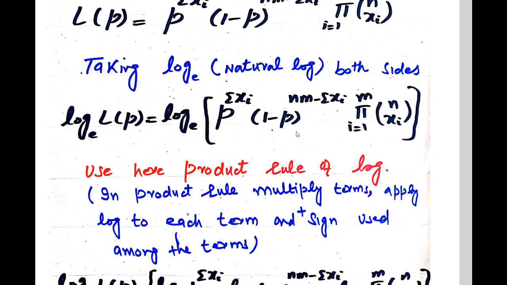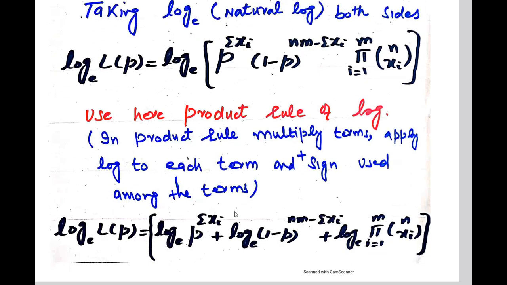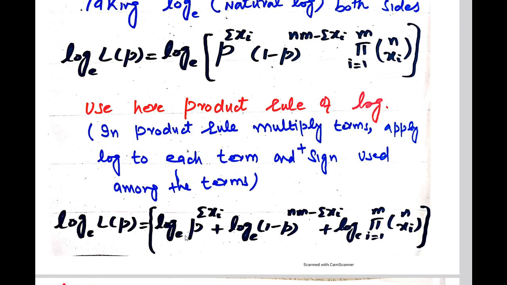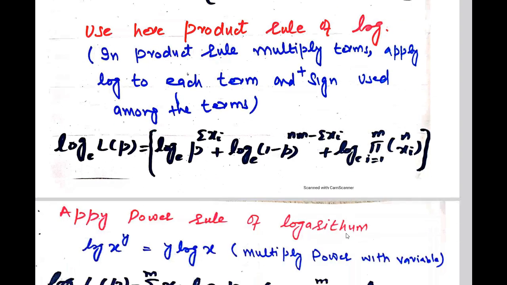Here we use the product rule of log. In the product rule, for multiple terms, apply log to each term and a plus sign is used among them. So take the log of each term, and the sign to be used is plus.